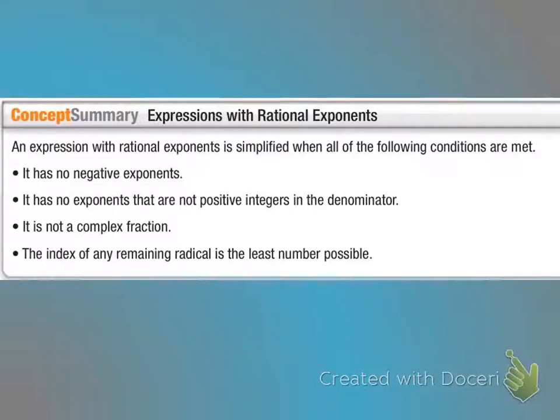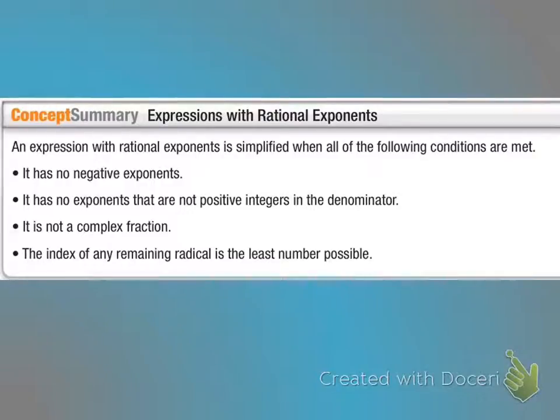Number 2 has no exponents. Pay attention to the words here. No exponents that are not positive integers in the denominator. So no negatives in the denominator, which has always been the case, but what else does that rule out then?